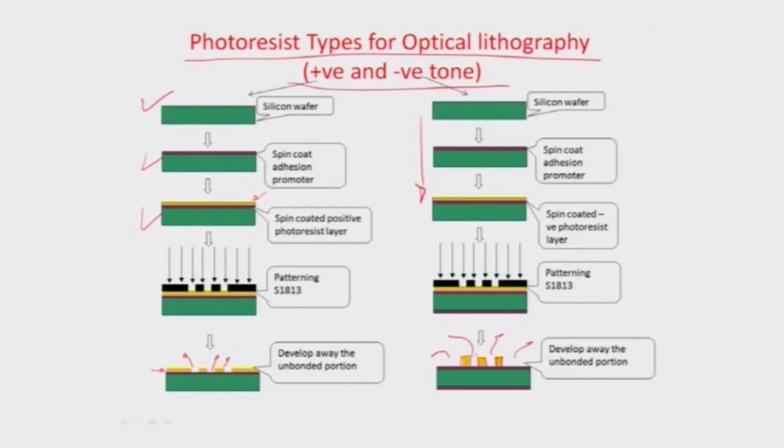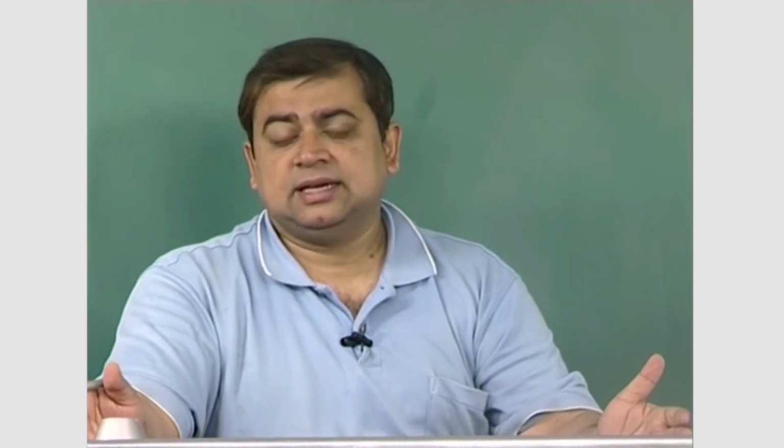So, it is a completely different form of lithography. The masking would be different, everything else would be different. This is SU 8, it is not S 1813. So, therefore, with these two types of resists, in one case you can actually get features and structures like vias inside the resist.